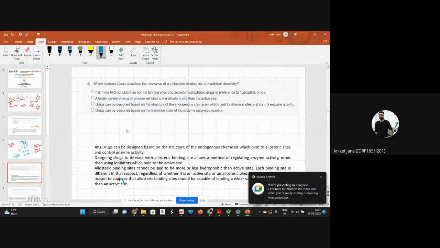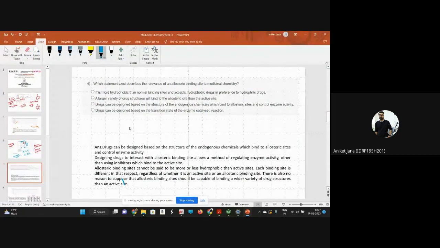Okay, so here is a multiple choice question: which statement best describes the relevance of an allosteric binding site to medicinal chemistry?